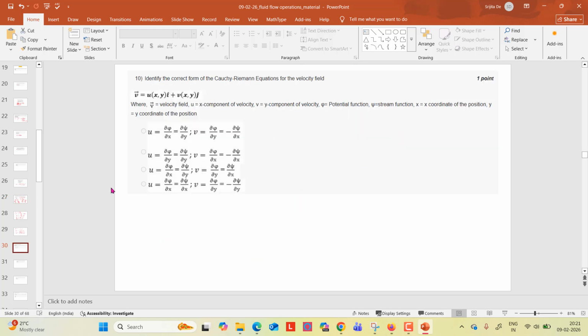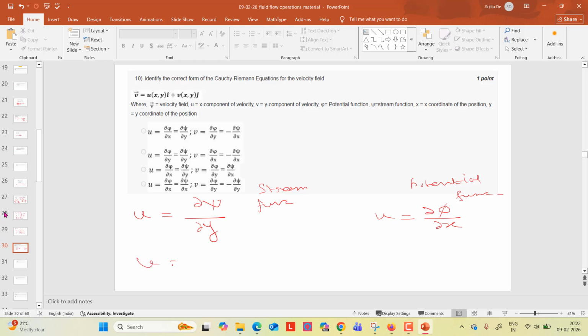Next, identify the correct form of the Cauchy-Riemann equations for the velocity field. This is a velocity field. Everything is defined. So Cauchy-Riemann is for stream function and the potential function. So we know that for stream function u equals del psi del y, and for potential function u equals del phi del x.